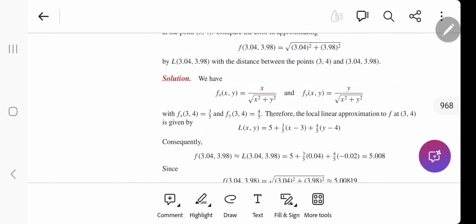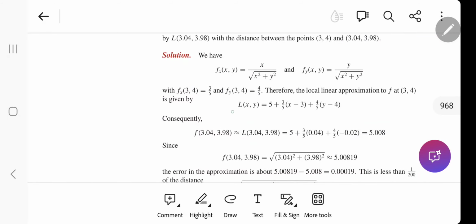For that, partial derivatives are found, and partial derivatives at the point 3, 4 are found. One is 3 by 5 and another one is 4 upon 5. Then using the formula, the local linear approximation of f of x, y at 3, 4 will be 5 plus 3 by 5 into x minus 3 plus 4 by 5 into y minus 4. This will be the local linear approximation.